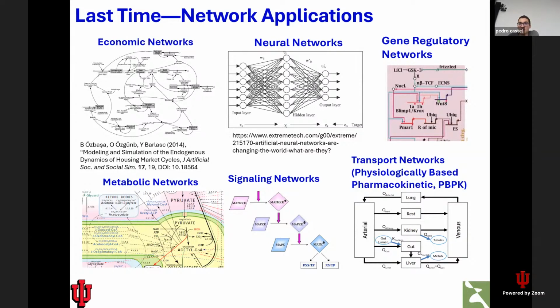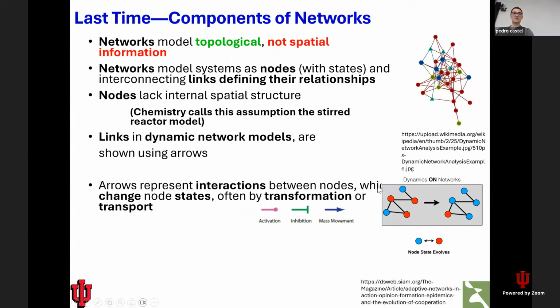Today we'll go over the gene regulatory network, metabolic network, protein signaling networks, etc. What comprises a network is topology: how many nodes you have, how they're linked, and their internal states.